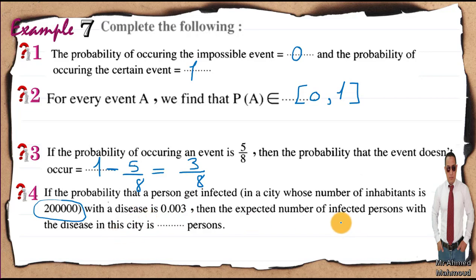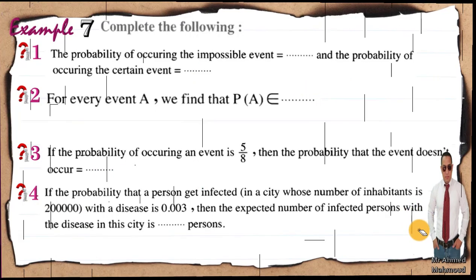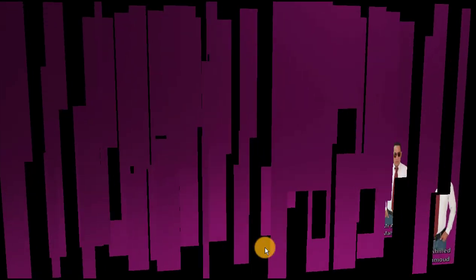If I need to evaluate the number equal probability times total, which is equal 0.003 times 200,000, which is equal 600 persons. Okay, now example number 8.